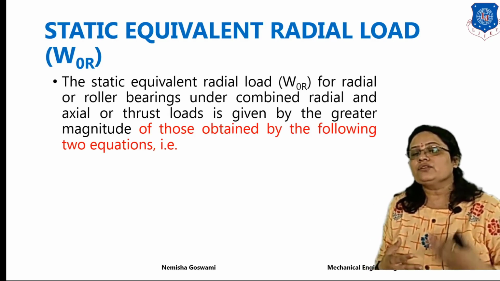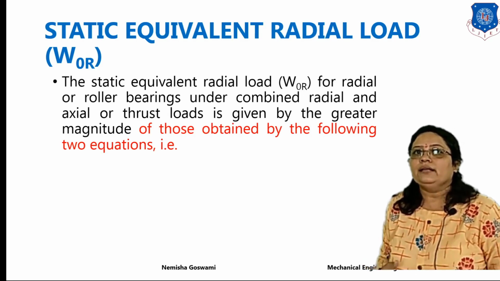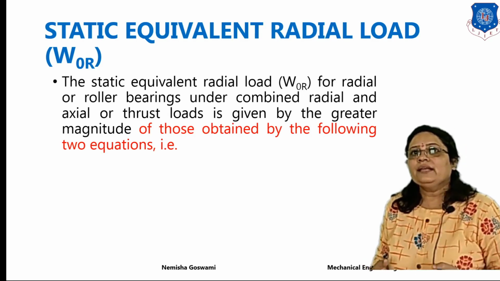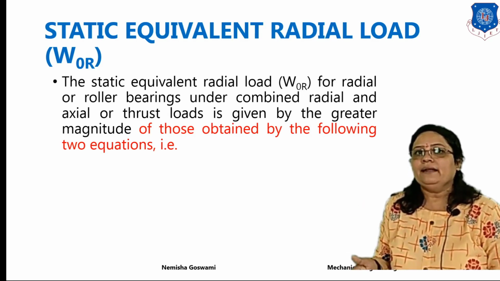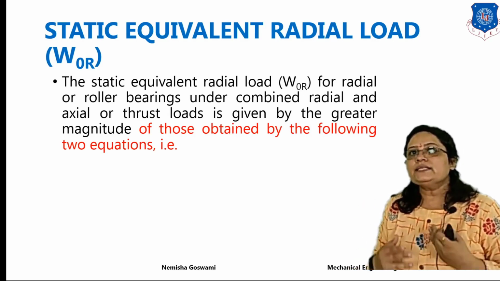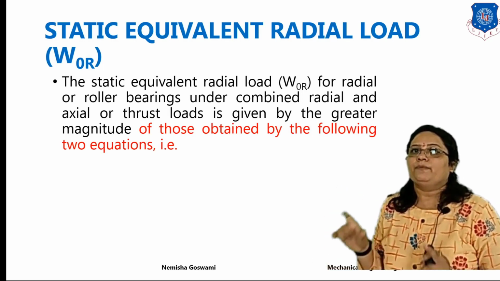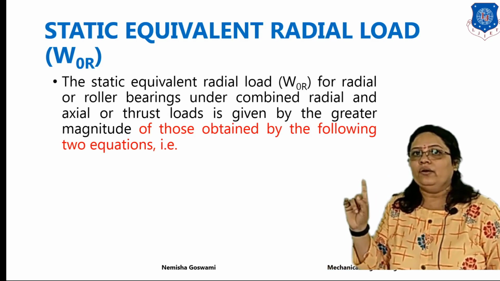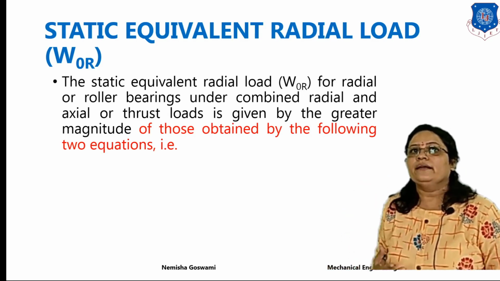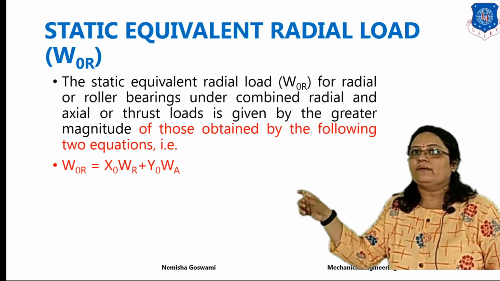So now the question will arise, how to find the static equivalent radial load when axial load is present and radial load is also present? Or you can say when the bearing is loaded by both types of load, first axial load and second your radial load, right? So how will we find the static equivalent radial load?